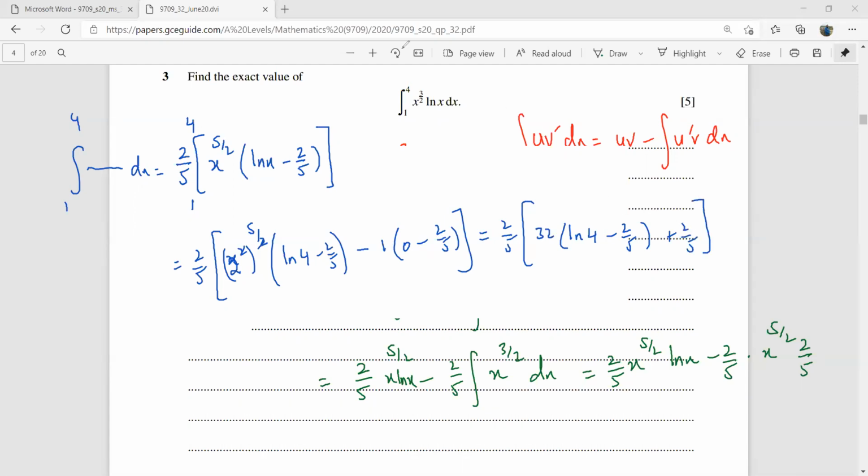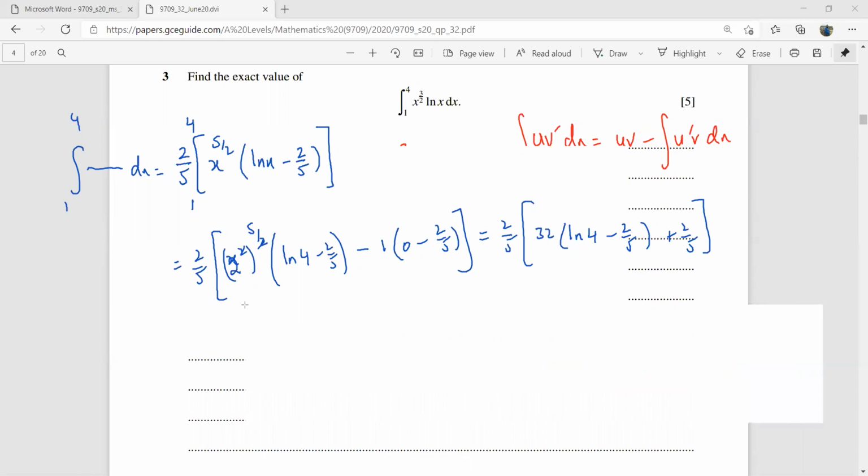Someone please have a look at the answer before I finish this. Keep that answer in front of you, okay? So we have to write this as 2 by 5. You can use your calculators here if you want. This is going to be 32 ln 4 minus 62 over 5 plus 2 over 5.